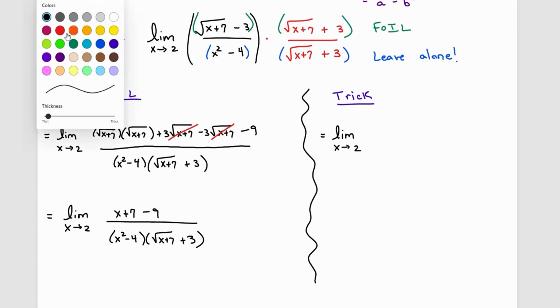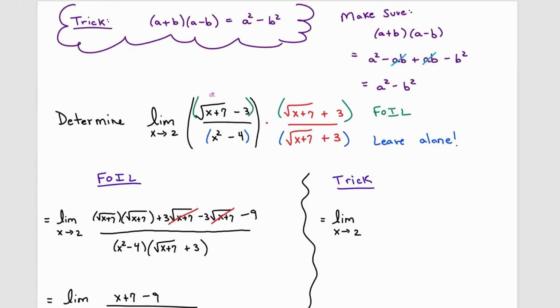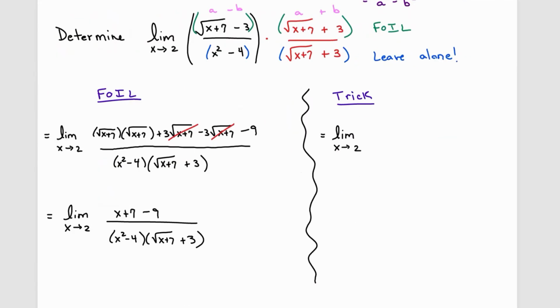So our trick says to first think of this as, I know I'm stuttering, sorry, try to pick a color, this is my A minus B, my A plus B. All right, so the trick says I can do A squared, which would be square root of x plus 7 squared, minus B squared, where B is 3 squared.